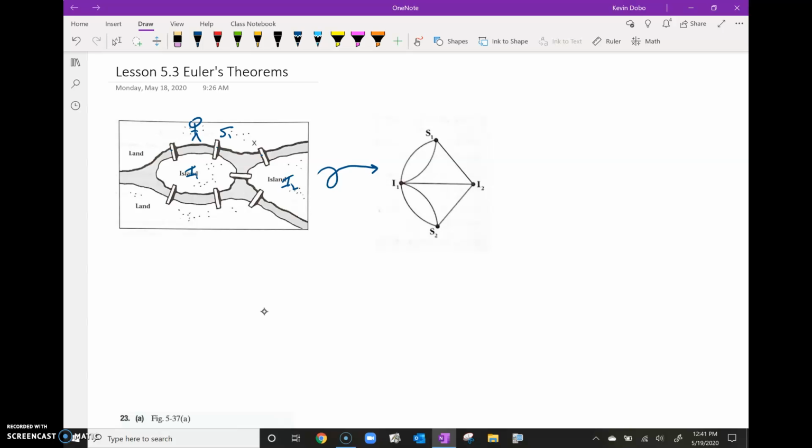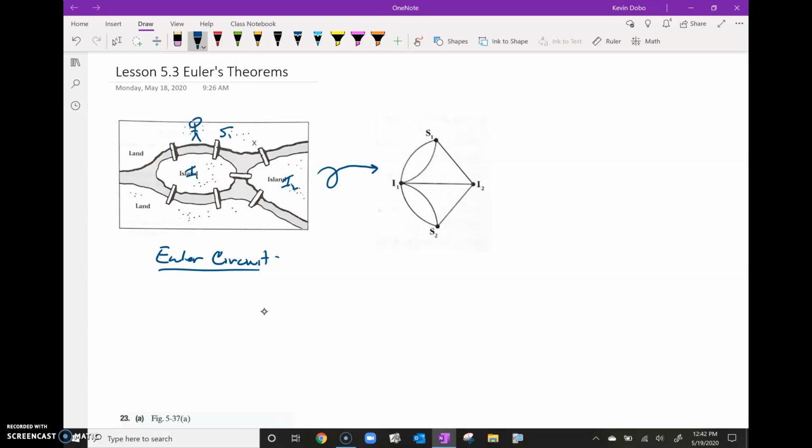So first of all, let's talk about Euler's theorems and what he did with them. The first thing we have to remember is we have two different types of things that we're going to look at. The first thing is an Euler circuit. Now, I know a graph has an Euler circuit.